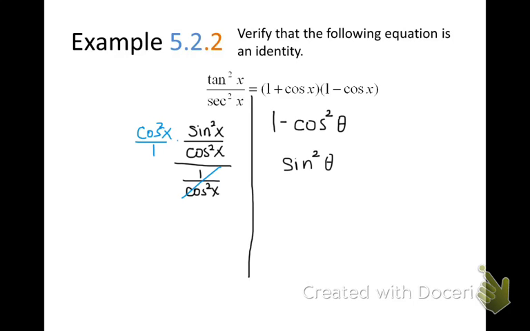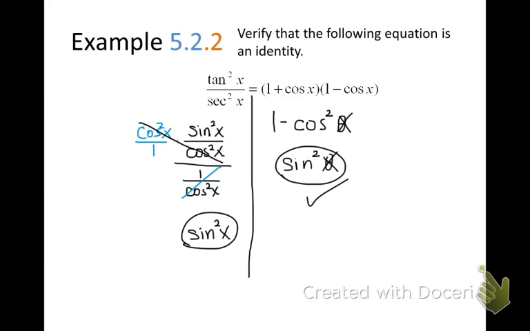Now what do you notice? Those cancel out, and did we get what we wanted? Yeah, you got the sine squared of x. I'm sorry, I all of a sudden changed to x instead of theta. These should have been x's, sorry. But we got the same thing on both sides, so that is done.